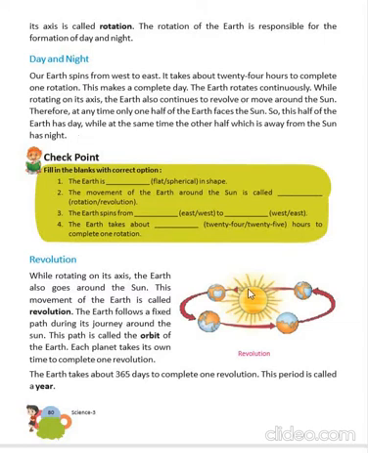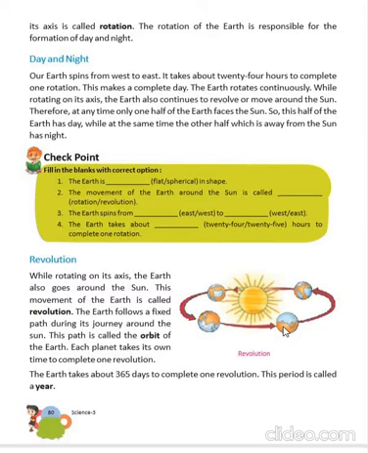Now come to revolution. While rotating on its axis, the Earth also revolves around the Sun. This movement of the Earth is called revolution. The Earth follows a fixed path during its journey around the Sun.